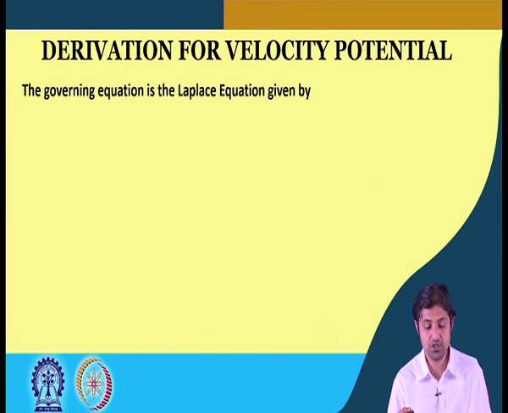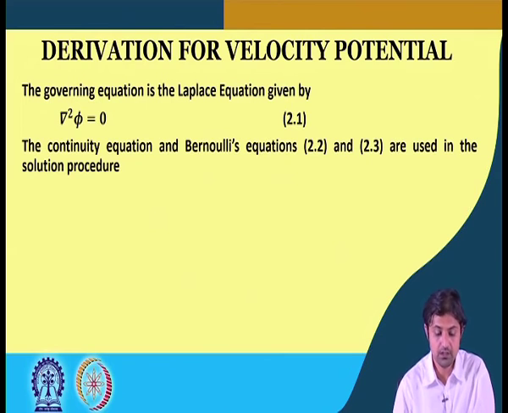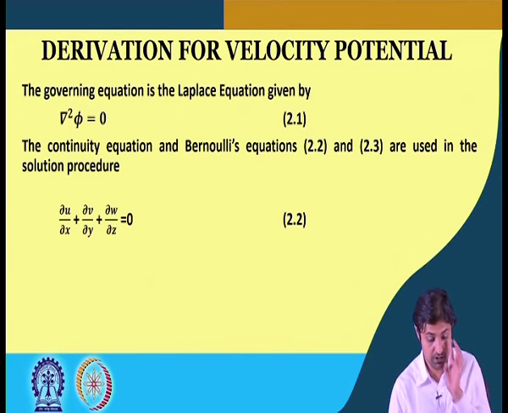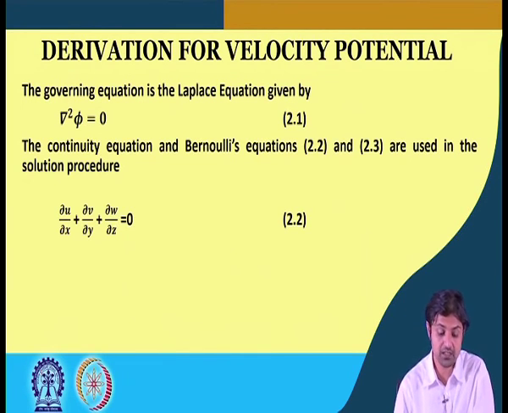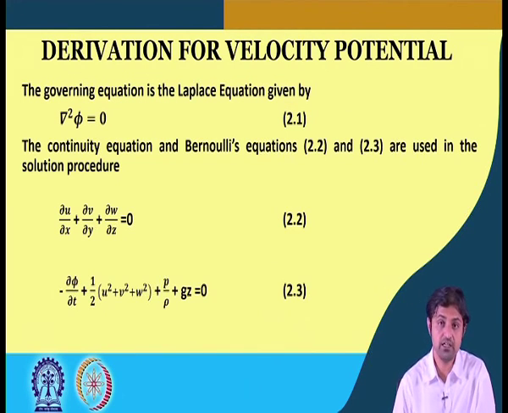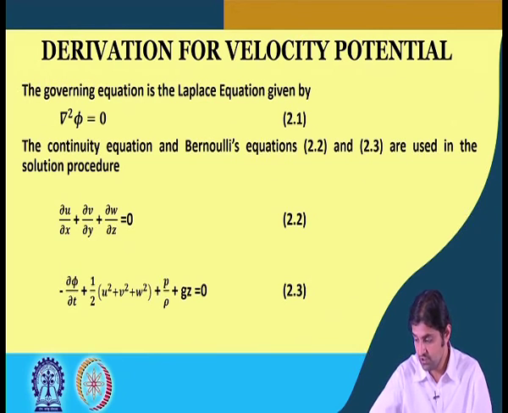So, the Laplace equation for phi can be written as del square phi is equal to 0 for our current case. All right. The continuity equation and the Bernoulli's equation are used in the solution procedure. This is the continuity equation, del u del x plus del v del y plus del w del z is equal to 0, and also the unsteady Bernoulli's equation for the boundary condition. You remember the dynamic free surface boundary condition. So, these are the three equations that are used for the solution procedure. All right.